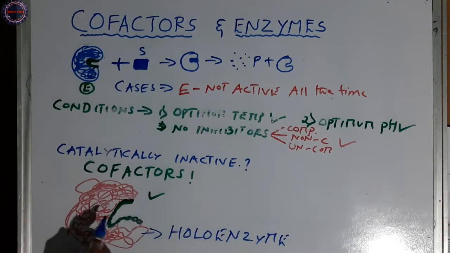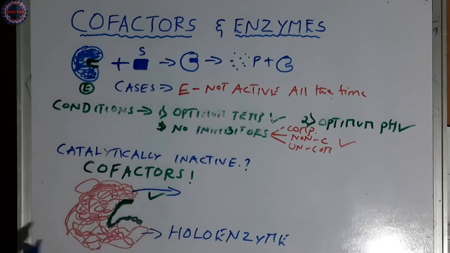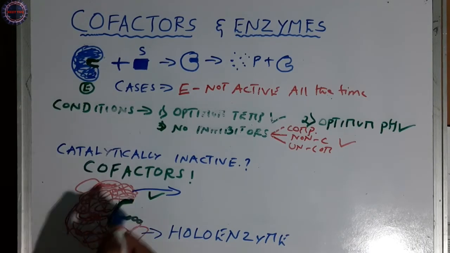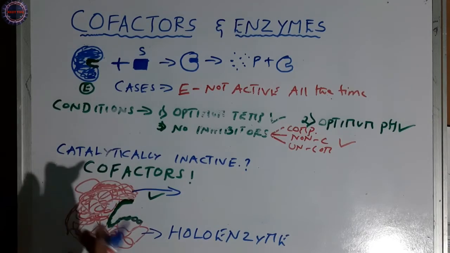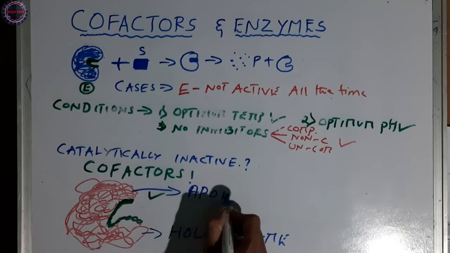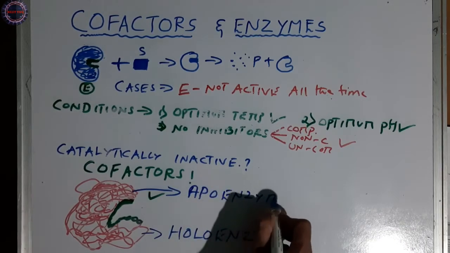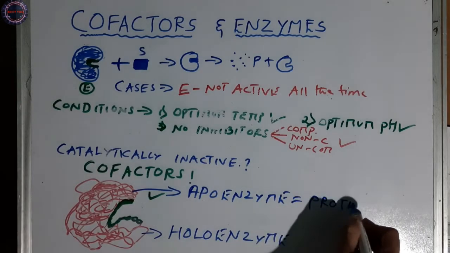Holoenzyme is the protein part of the enzyme bound to the non-protein part, that is the cofactor. Now I have to tell you one more thing. When this enzyme binds to the cofactor, what do you call this protein part? The red color portion, that is the protein part, is called the apoenzyme. What is apoenzyme? Apoenzyme is the protein part of the enzyme.